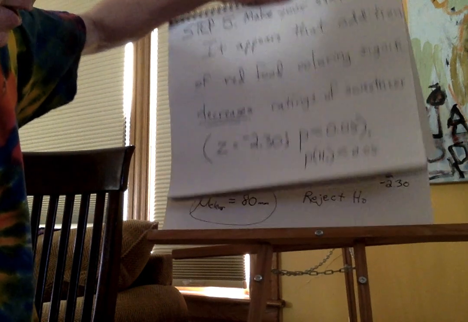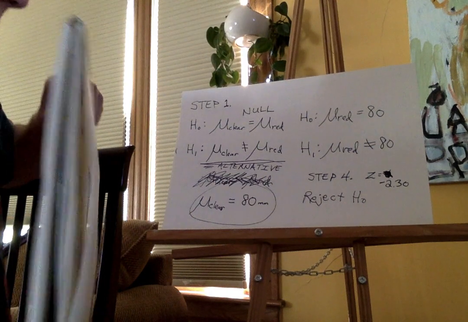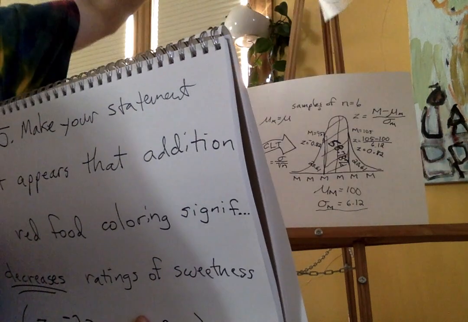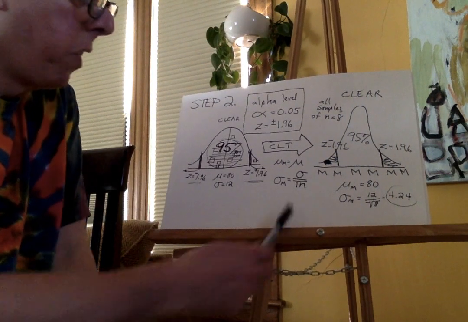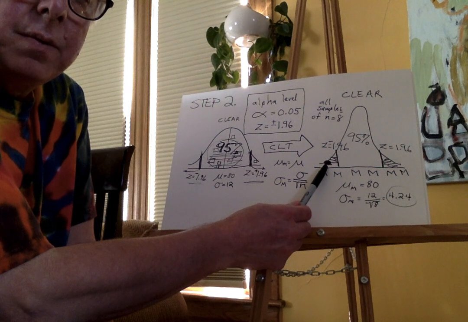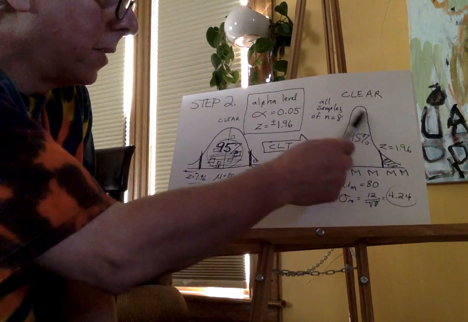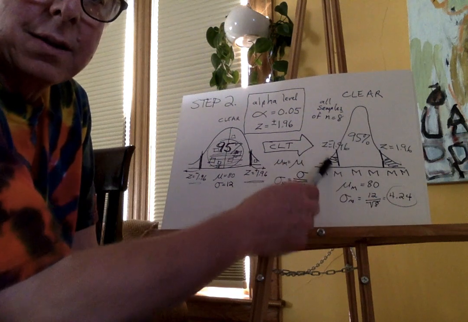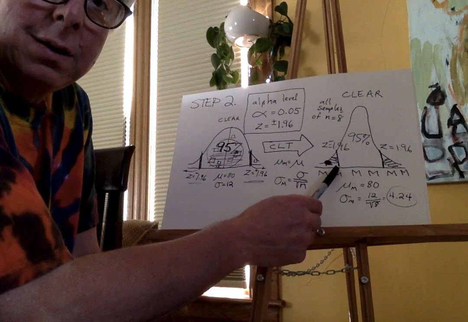I'm going to go back here. Here's where a red sucrose solution is. Here's the sampling distribution of samples of 8 that are tasting the clear. Okay?